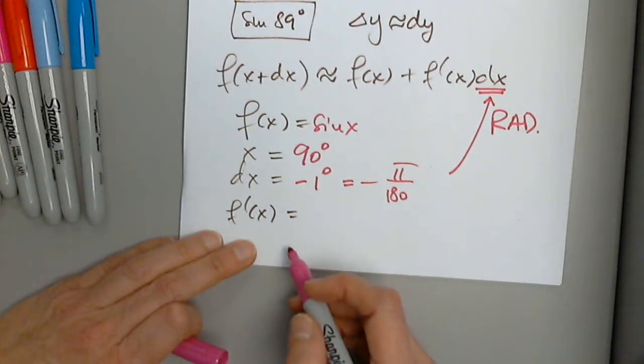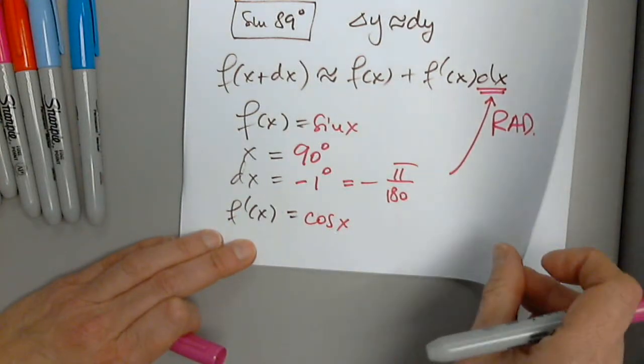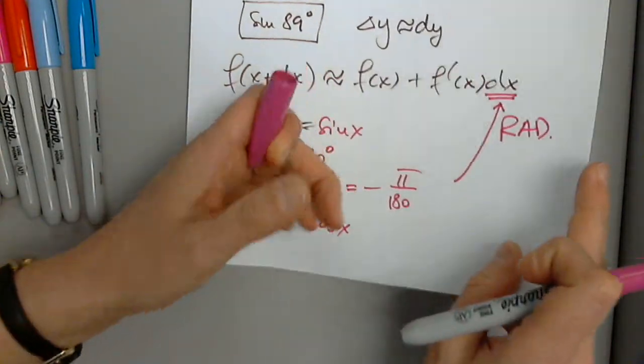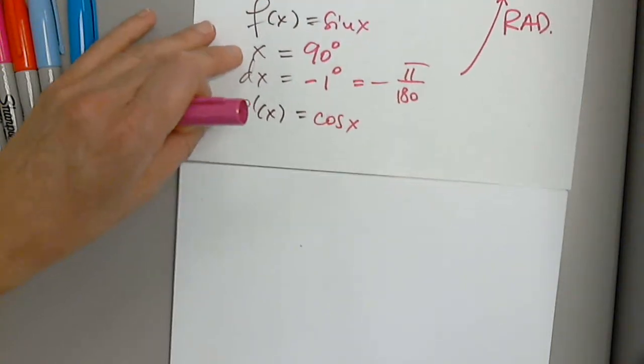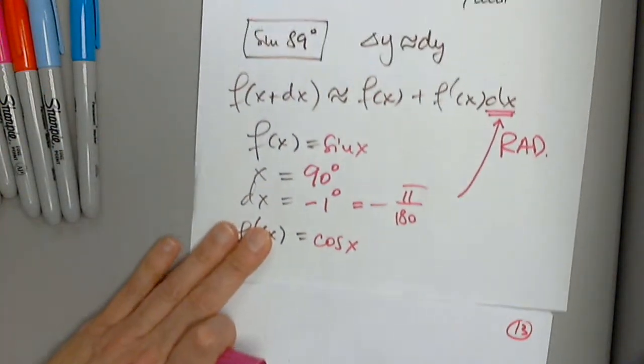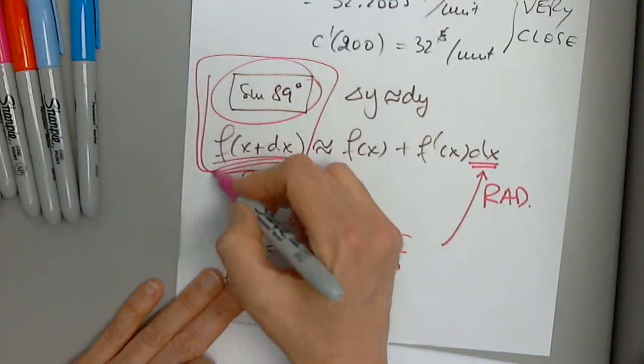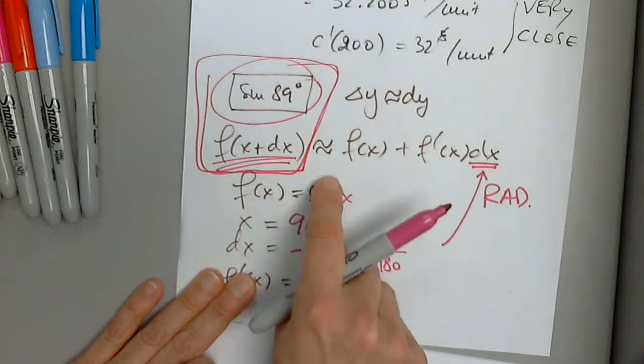How much is f prime? Cosine x. Good. So now let's put everything together and we are done with this problem. This is what we're interested in, and this will be approximately equal.